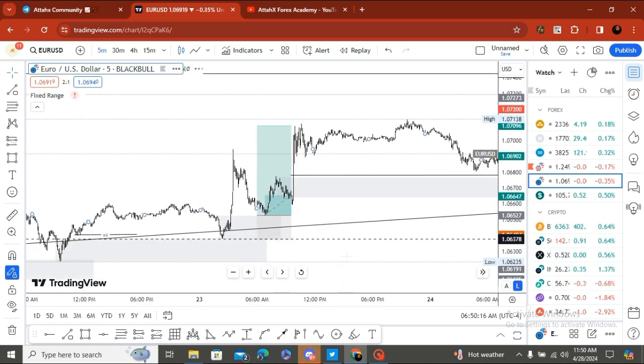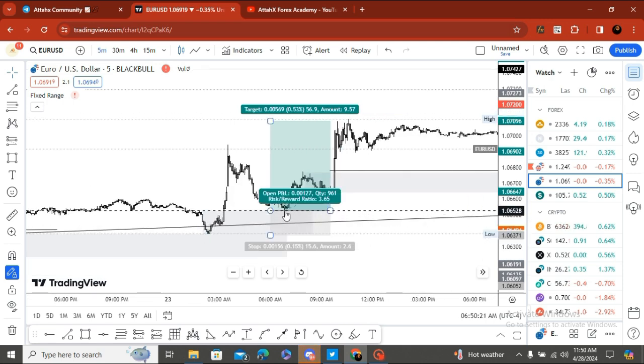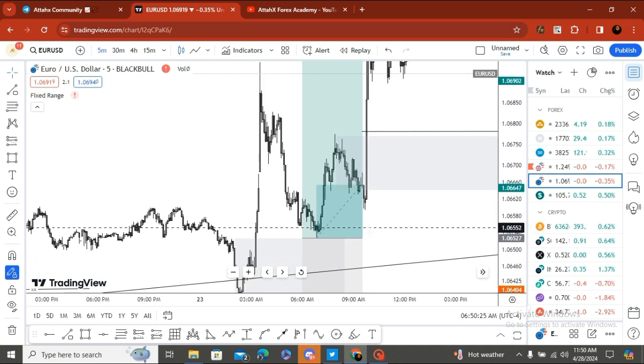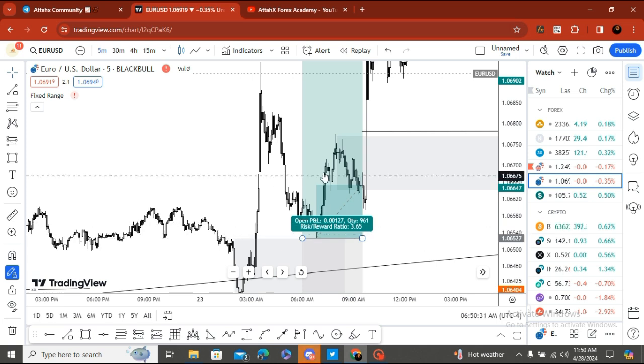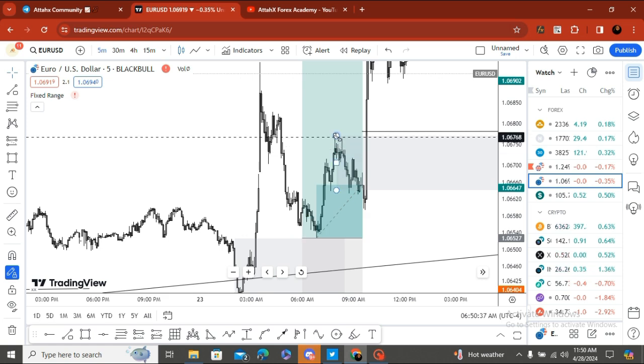Now, as you can see, price mitigated our POI, we had what we call the Quasimodo reversal. Now, price hit our POI and then moved up with a momentum and then created a low and then broke structure again. Did you see it?